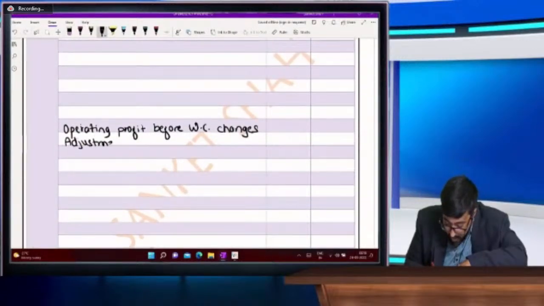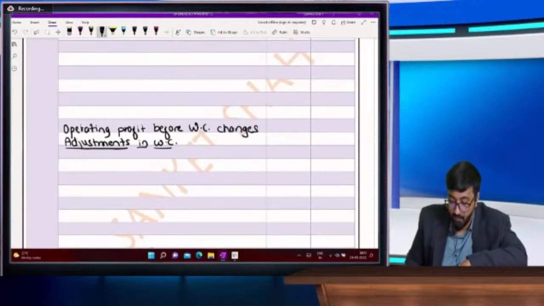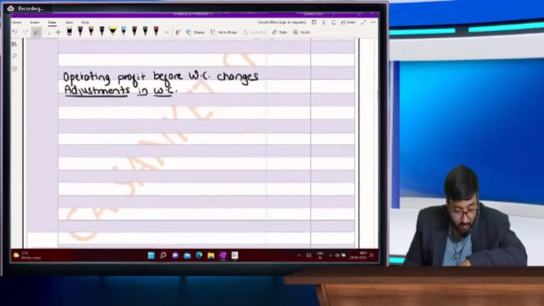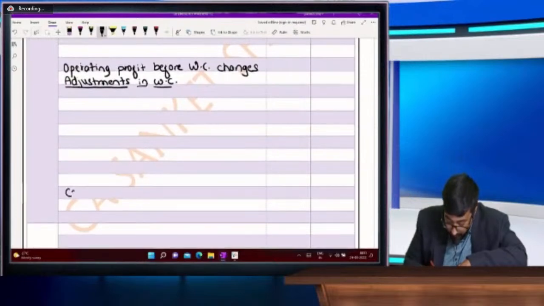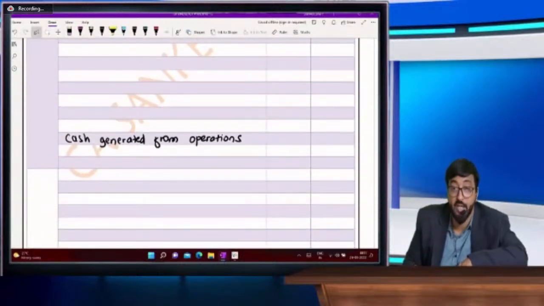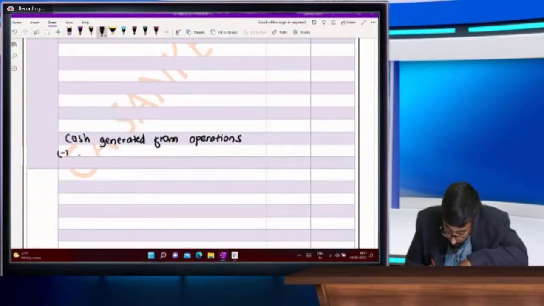Then write adjustments in working capital, or you can write only adjustments. After 6 lines, you can write cash generated from operations. Less income tax paid.